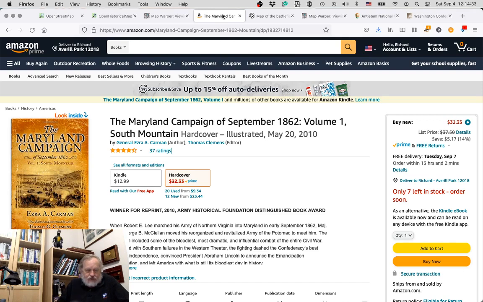While it was never published, in general, your better grade of Antietam historians were fully aware that the Carman manuscript existed. They often made research trips to examine the manuscript. It tended to be heavily referenced in Antietam books, but it itself was unavailable unless you went to the trouble to get to it.